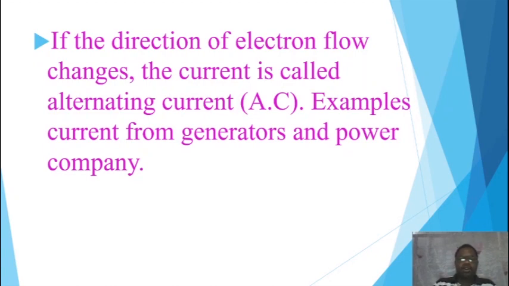They are all alternating current. Also, the one obtained from generators. But you should know, we also have a generator we call the direct current generator, the DC generator. Okay, so you will learn that later.